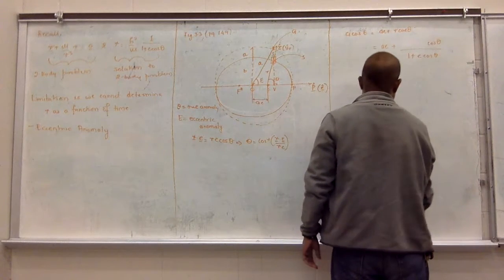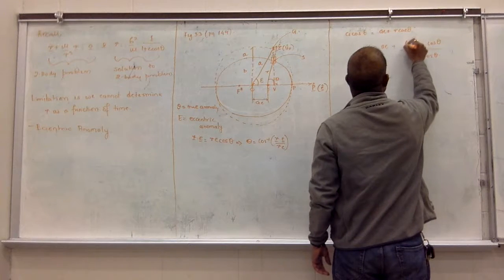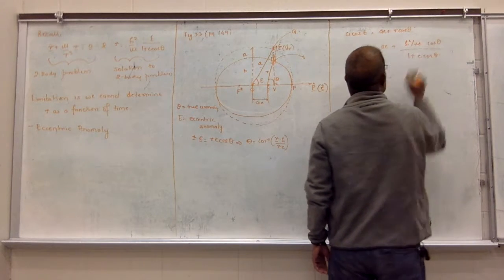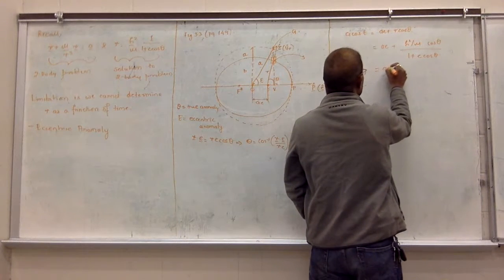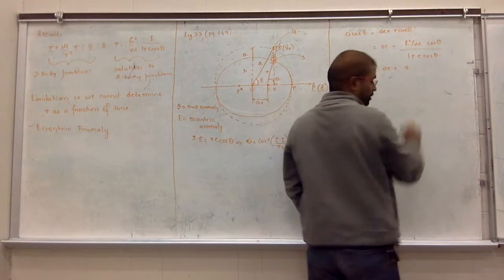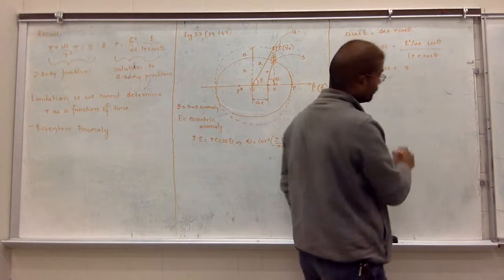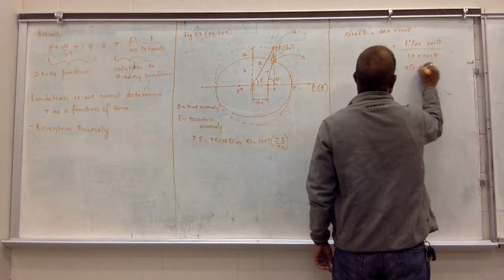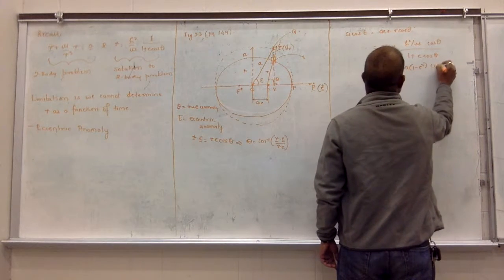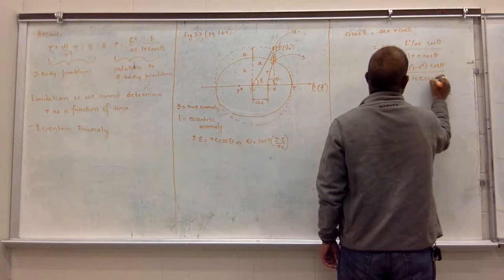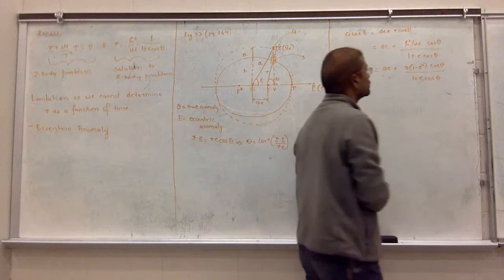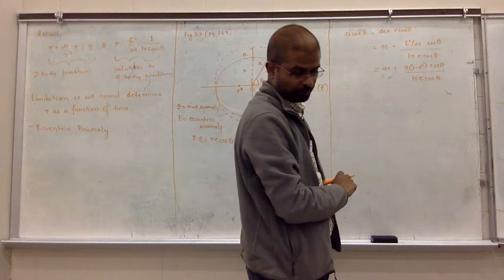You can write this as AE plus A into 1 minus E squared cosine theta divided by 1 plus E cosine theta.